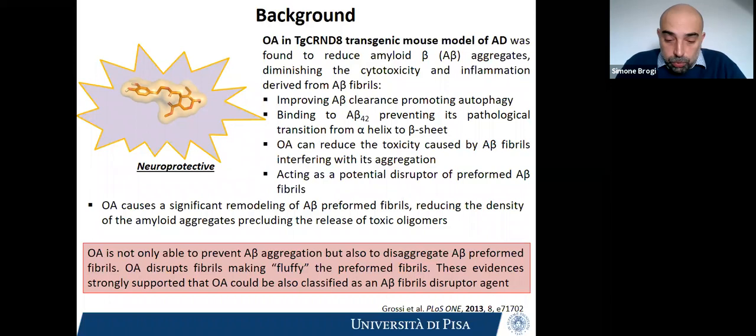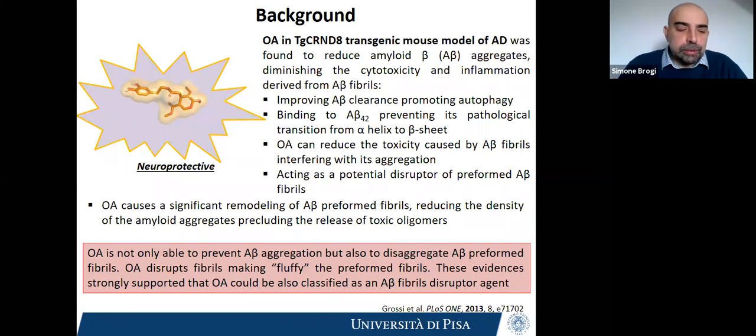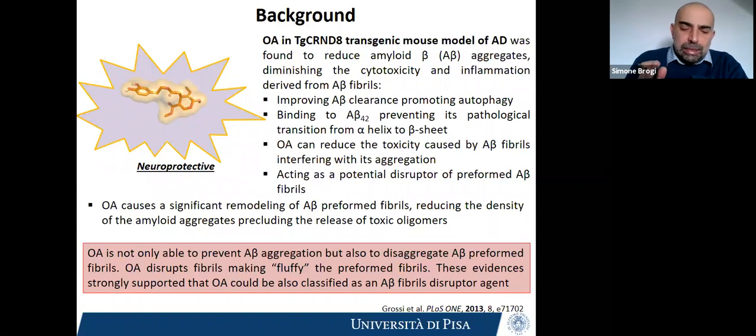It was also found that oleuropein aglycone is able to interfere with the amyloid beta aggregation, and in particular, oleuropein aglycone was found to cause a significant remodeling of the fibrils and the capacity of the fibrils to form toxic oligomers.